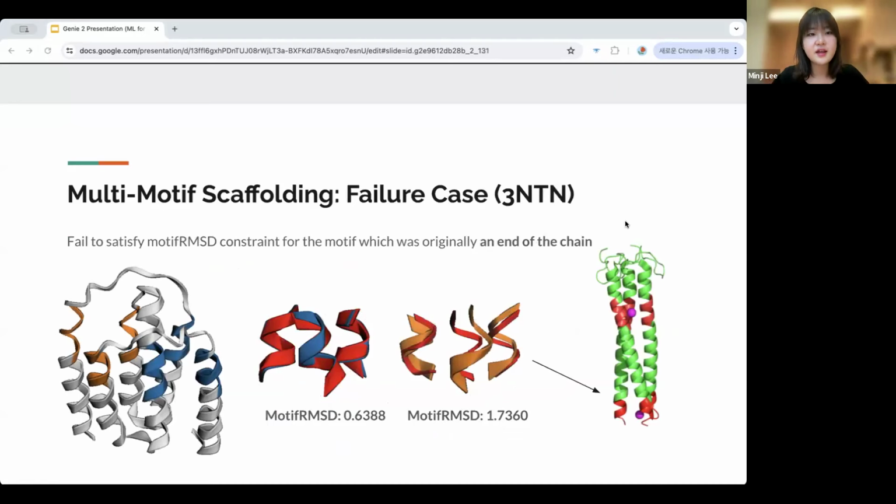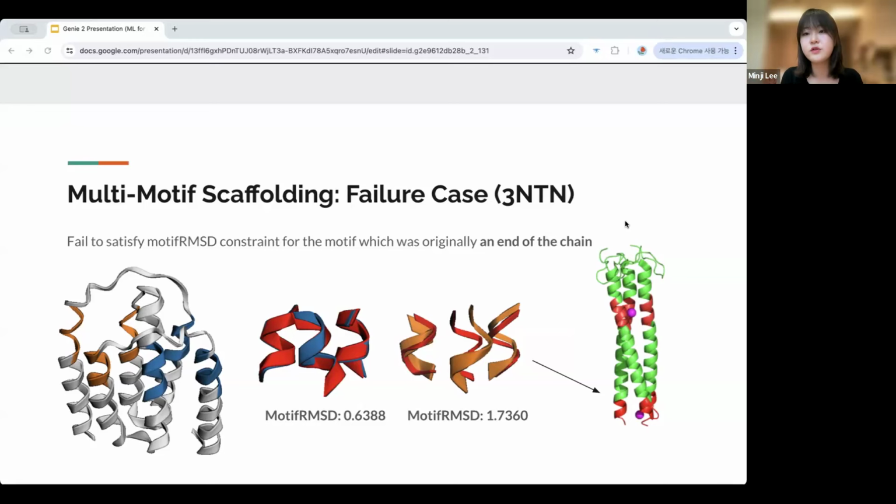In problem 3NTN, Genie fails to scaffold two 3-helix bundles. Since the original structure was a homotrimer, Genie fails to satisfy the motif RMSD constraint for the motif which was originally on the end of the chain. In its design, Genie tries to connect each segment of the bundle to the segment of the other bundle, and this connection distorts the motif structure, thus affecting the motif RMSD.